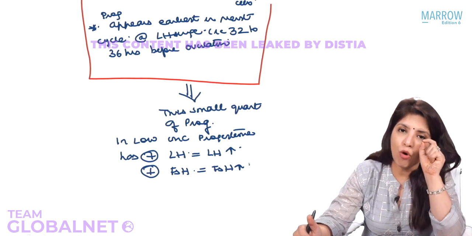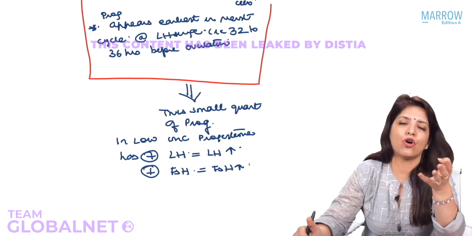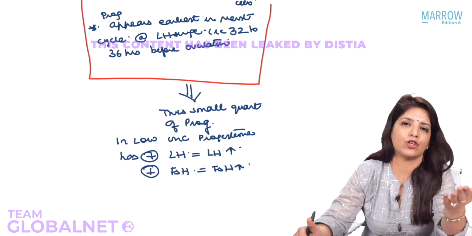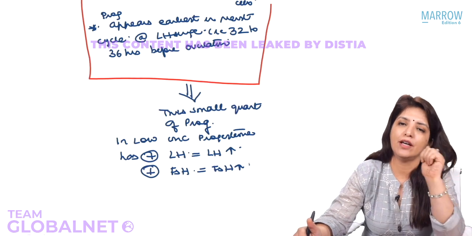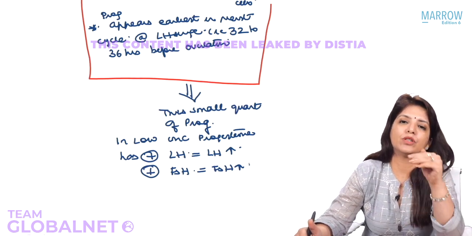And whenever progesterone is produced in small quantities, it in turn has a positive effect on LH and a positive effect on FSH. So the levels of LH and FSH both increase.